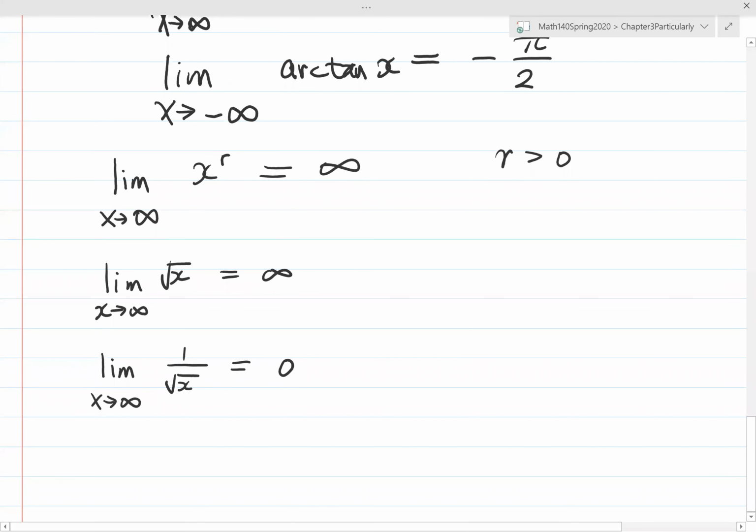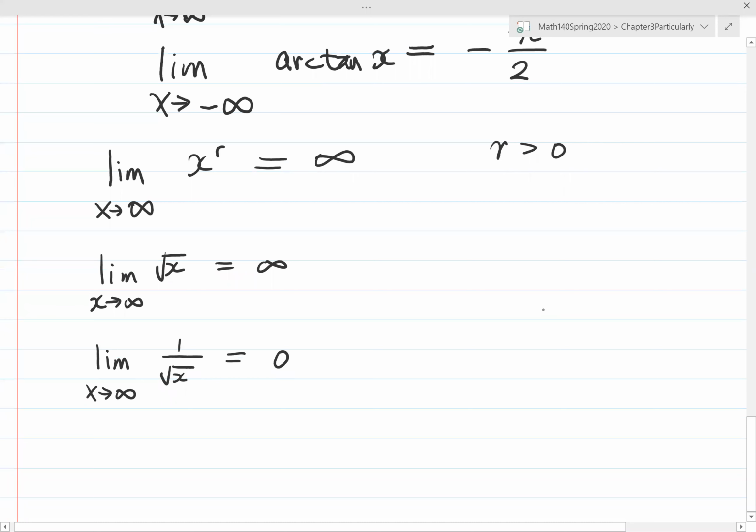If you plot a table, for instance, x and 1 over square root x: if x is 100, square root x is 10, and 1 over that is 0.1. If x is 10,000, the square root is 100, and 1 over root x is 0.01.